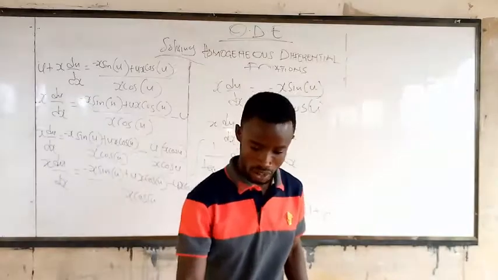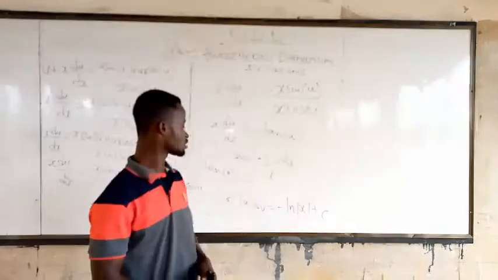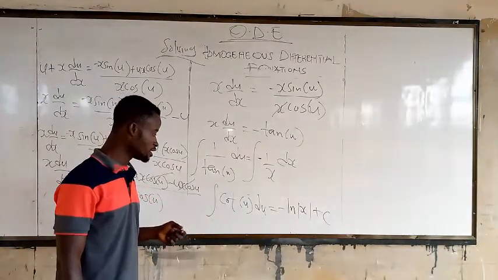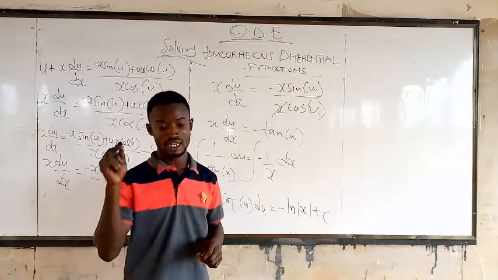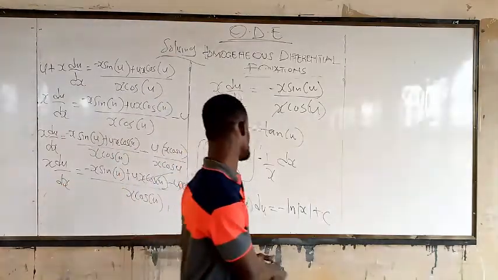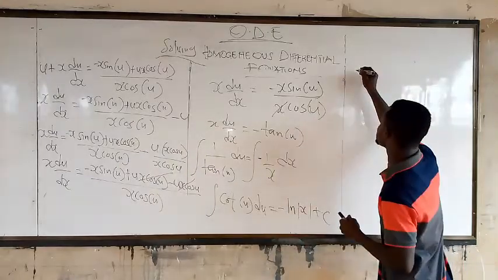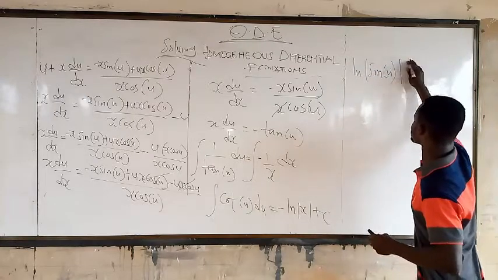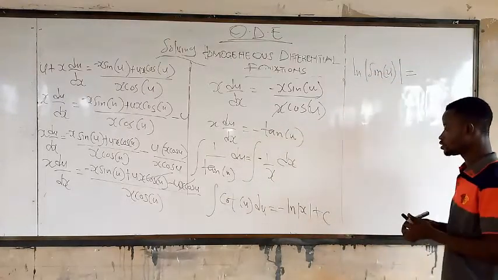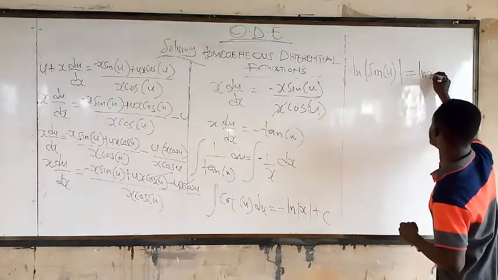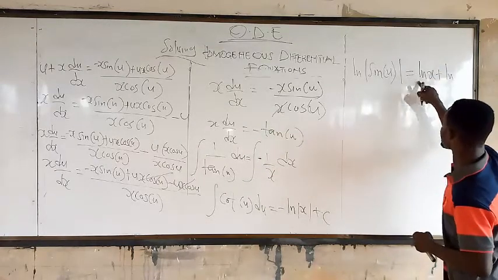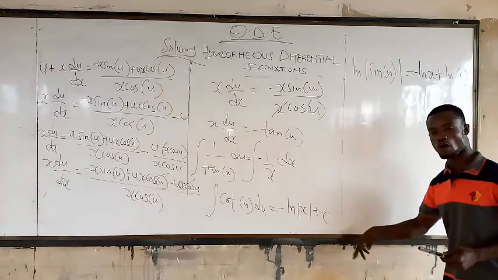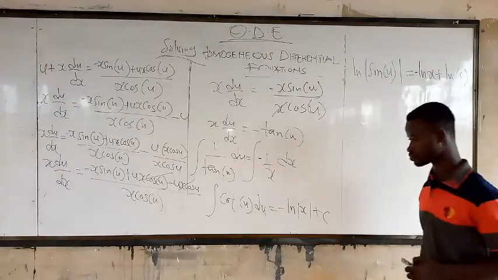So the only case here is the integral of cot u, and you know the integral of course already in Calculus 2, that is going to be ln sine u. So when you integrate the left hand side, you get ln sine u, which is equal to, here we get negative ln x plus ln c. Because whether c or ln c is still a constant, so it's still the same thing.